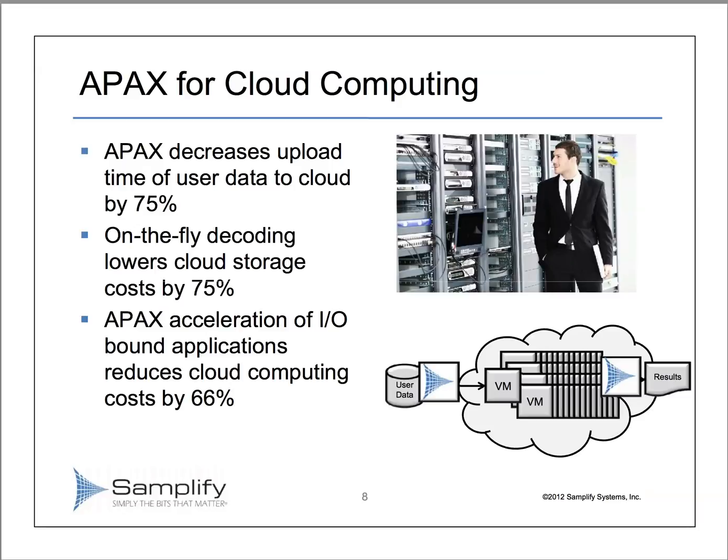You're looking at Ethernet backbones and a lot of latency in your data transfers. So our APAX technology, by reducing the size of those data transfers, also decreases the total latency, speeding up these I/O-bound cloud computing applications. And when you speed up your application, that means you're spending less time on the cloud. And your cloud costs, time is money. And so if you're spending less time on the cloud, you're saving up to 2/3 of your cloud computing costs.